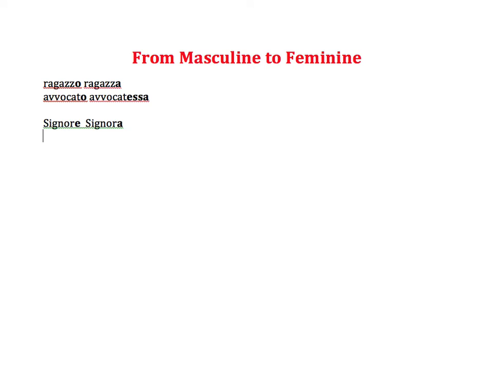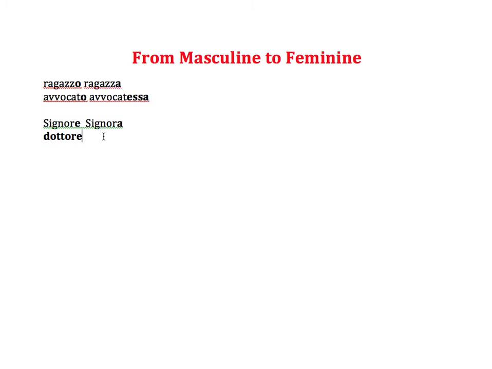But now let's see another case where the masculine ending in e has another ending in the feminine. Let's take a word like dottore. You know that dottore means doctor.